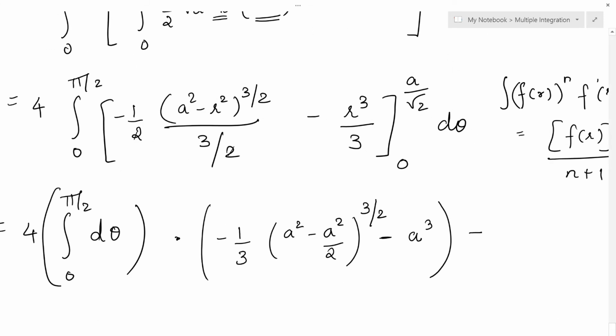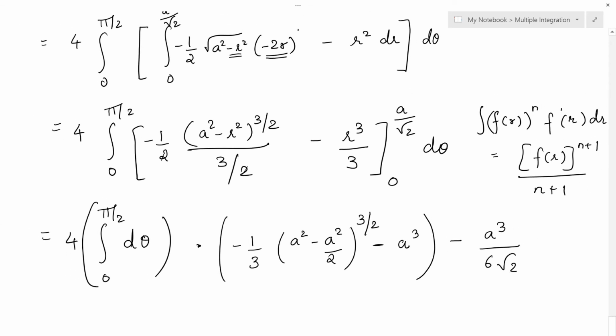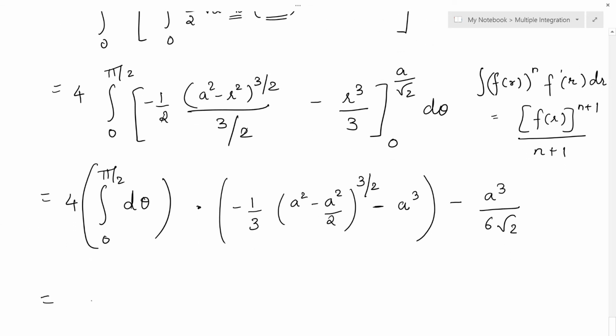And this is minus a cube, the lower limit, that is 6 root 2, this way. Okay, so after simplification you will get this as 4 into pi by 2, and if we simplify this, this will be what?